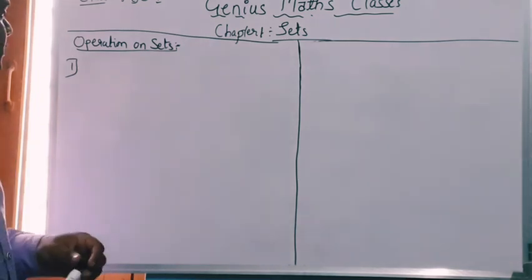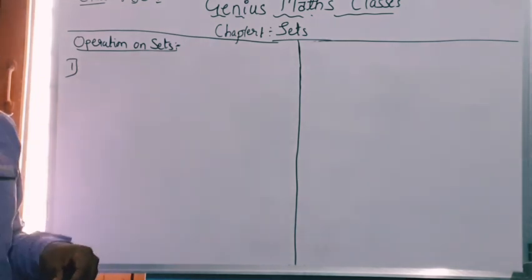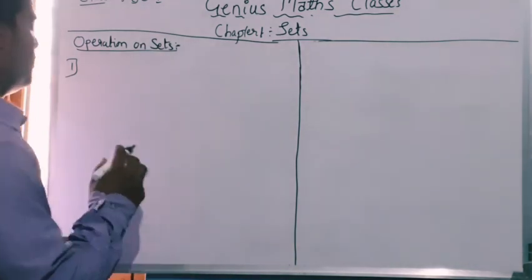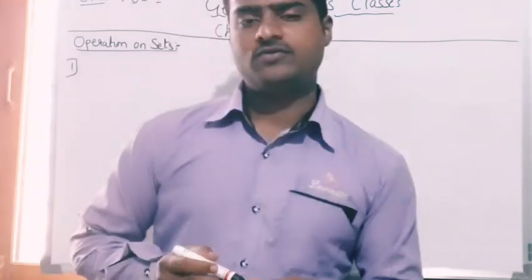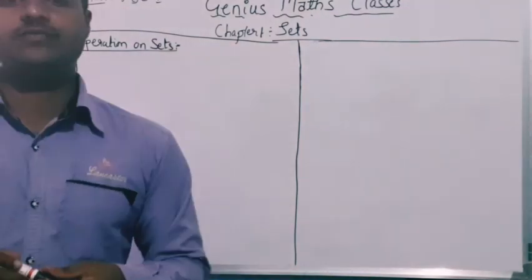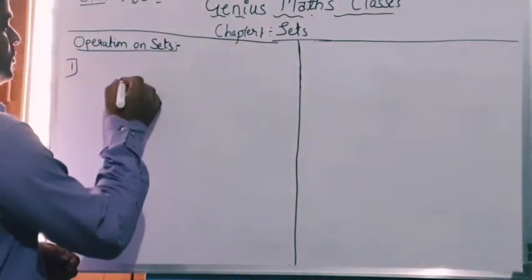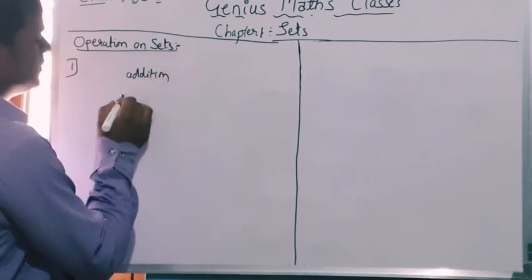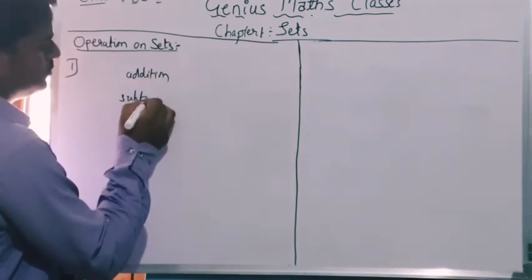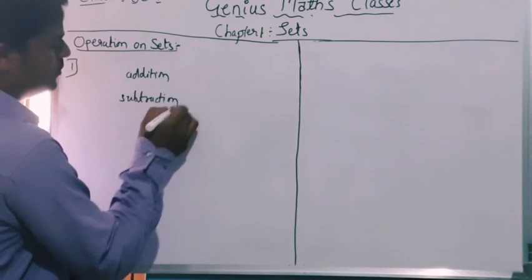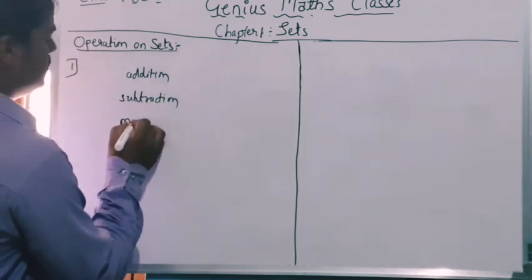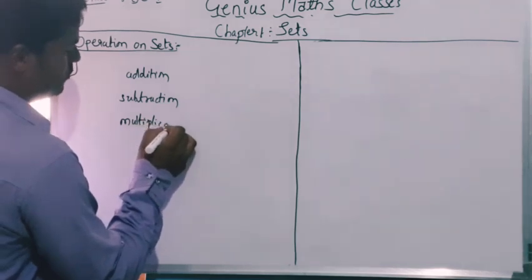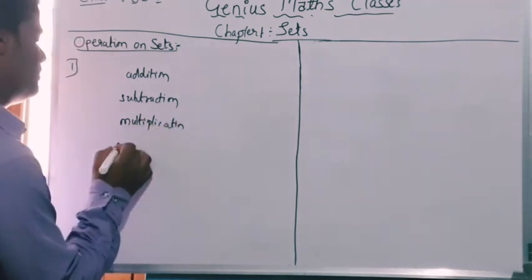So we know very well about operations on numbers. What are the operations on numbers? Addition, subtraction, multiplication, and division.